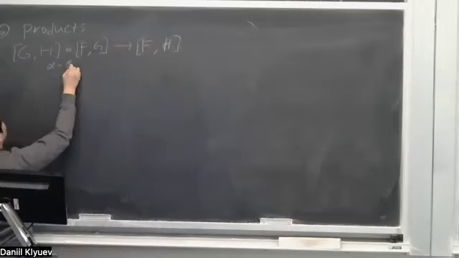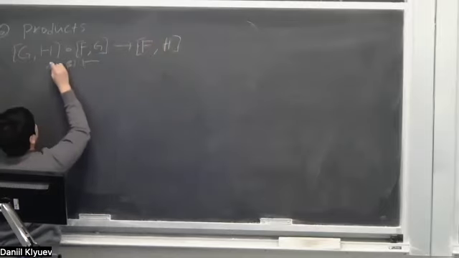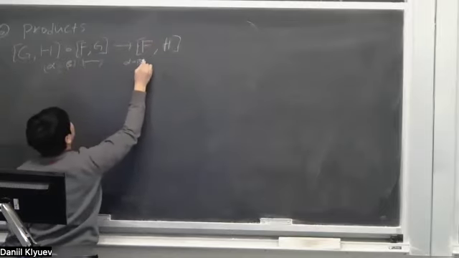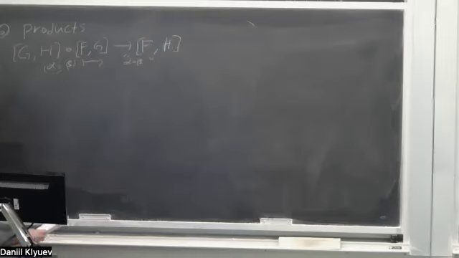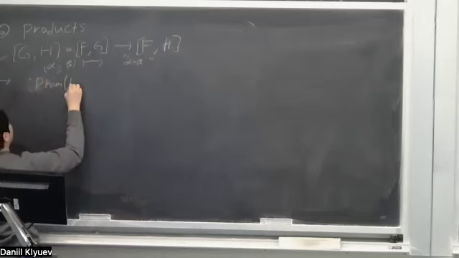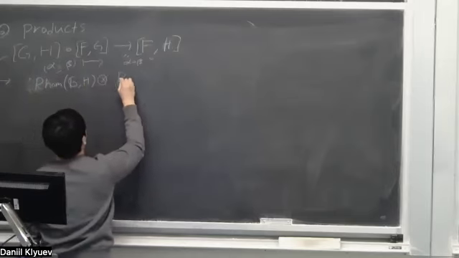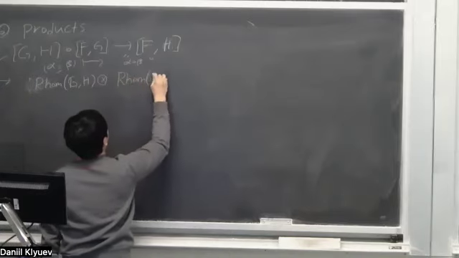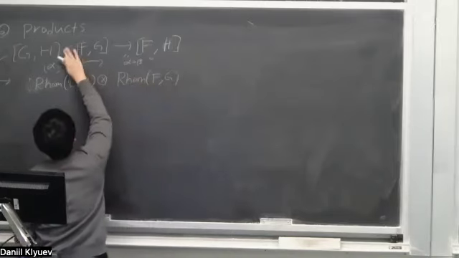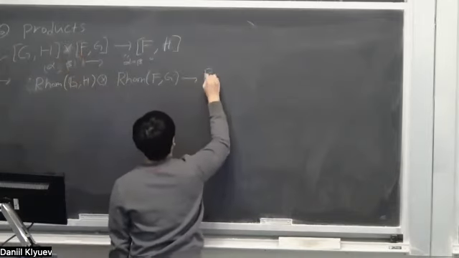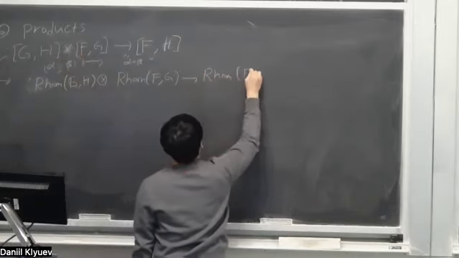So alpha, beta maps to the composition. In this way we can have our hom from f to g, hom from g to h, tensor hom from f to g, to hom from f to h.